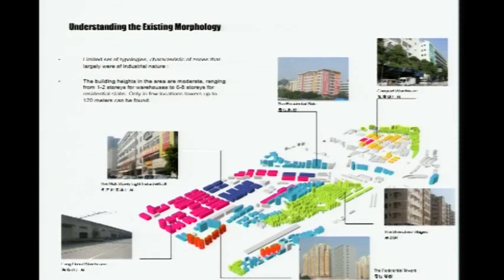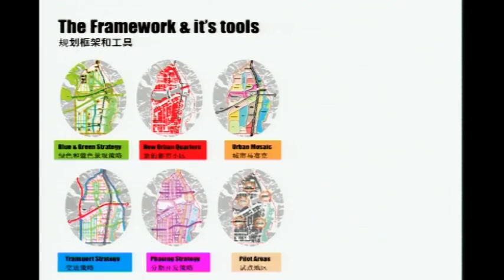What we did was look at the site, at what kind of typologies and morphology exist, and it was quite poor and also very monofunctional, as you see in this image. Then we tried to develop a framework with different tools: a green strategy and an urban mosaic, again defining different identities, but also transportation.